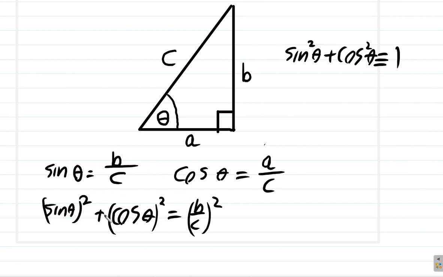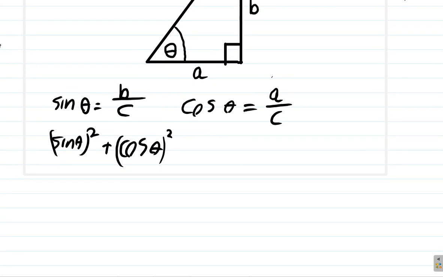So let me write it below to line it up with the sine squared. This is b over c, all squared, plus a divided by c, all squared. Alright?